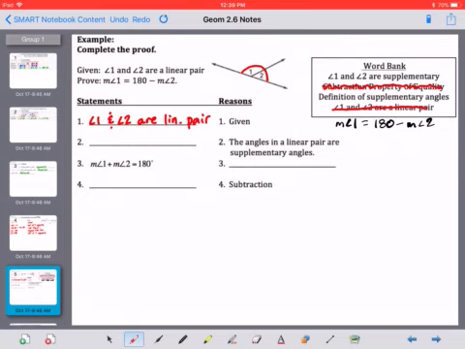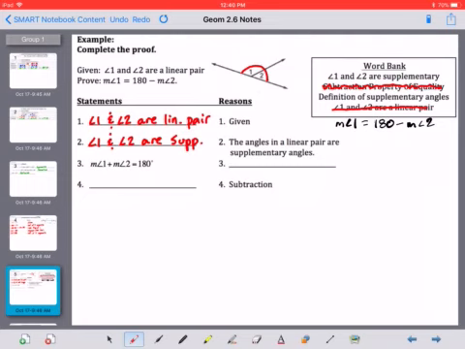Well, I think in our word bank, the only thing that really goes with that is the first thing there. Angle 1 and angle 2 are supplementary. And we know that a linear pair means that they're supplementary adjacent angles. So yeah, that makes sense.